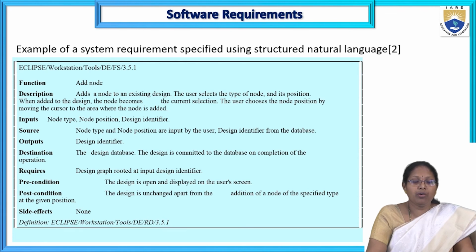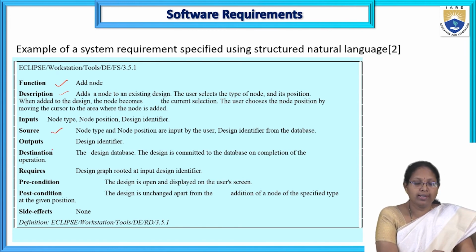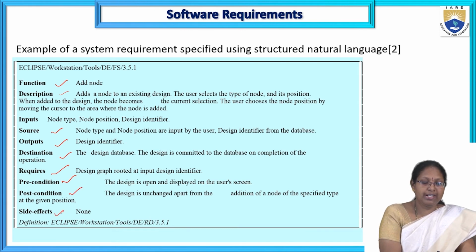This is an example of a software requirement specification using natural language. Suppose the function is add more. We give the name of that particular function, the description required, the inputs we have to give, the sources used, as well as the outputs, the destination, the requires, preconditions, post conditions, and side effects.